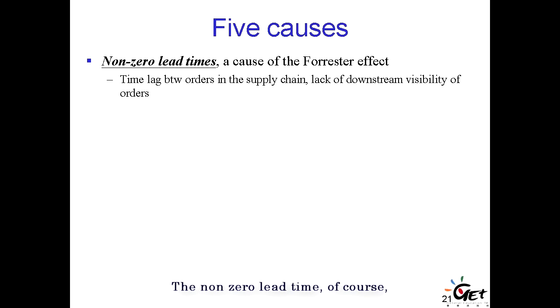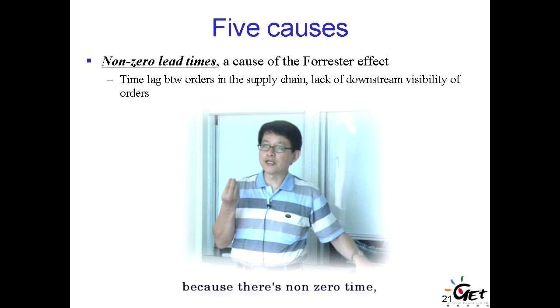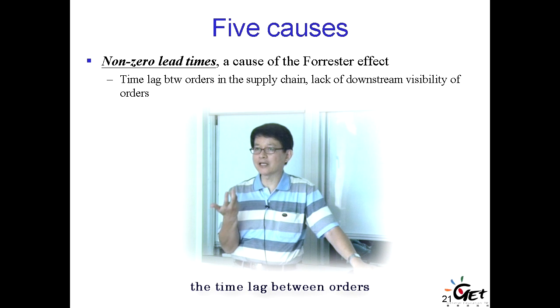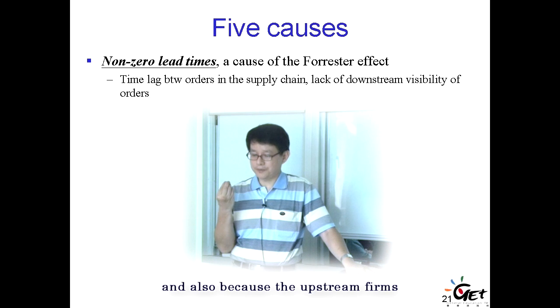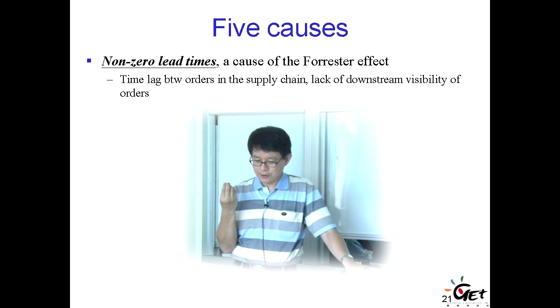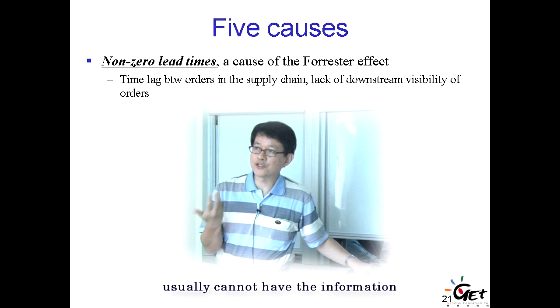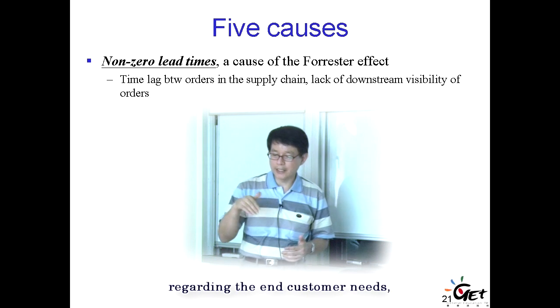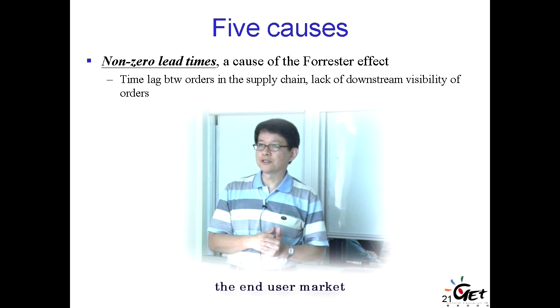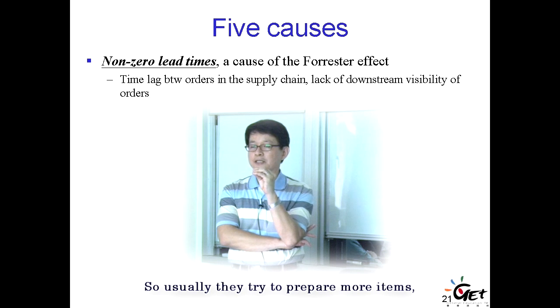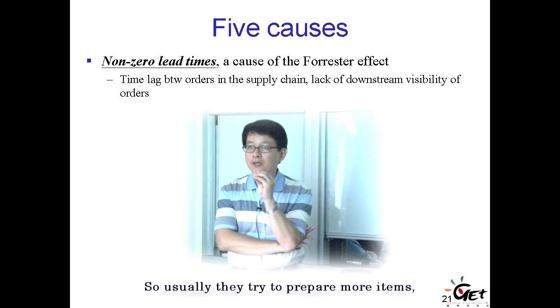Okay. The non-zero lead time, of course, typically means we need to wait for some time for the items to arrive at the factories, right? Because there is a non-zero time lag between orders in the supply chain. And also because the upstream firms usually cannot have the information regarding the end customers' needs, the end user markets, they try to prepare more items.